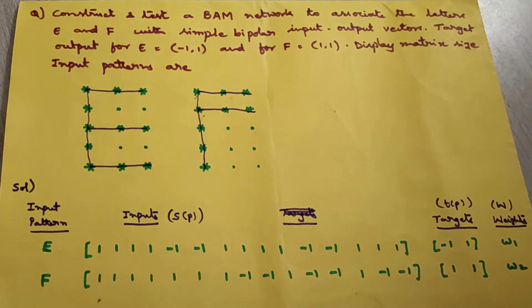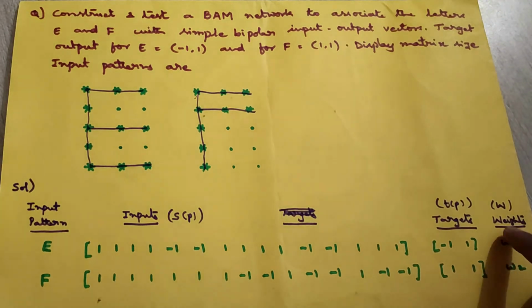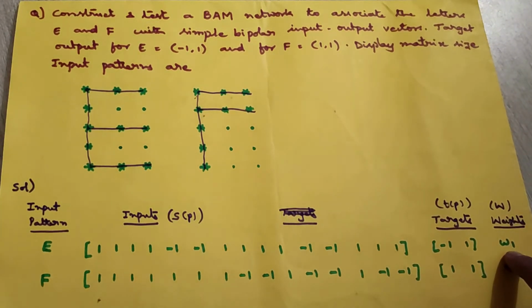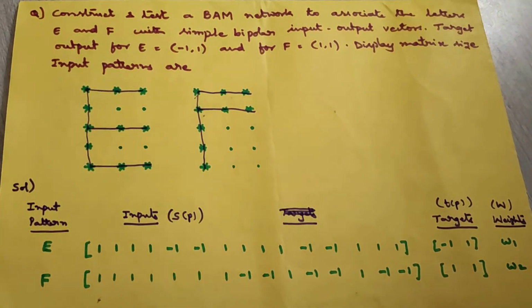So up to this everything is okay, and by using pattern E we can find the weight matrix W1, and by using F we can find the weight matrix W2. Now my job is, first I need to train the network.